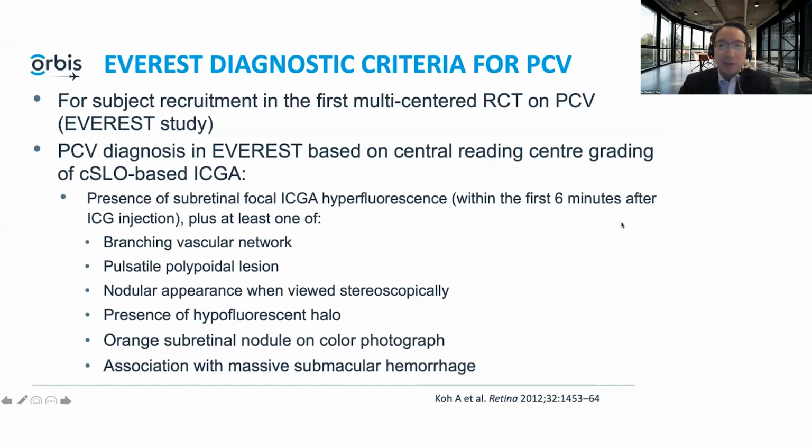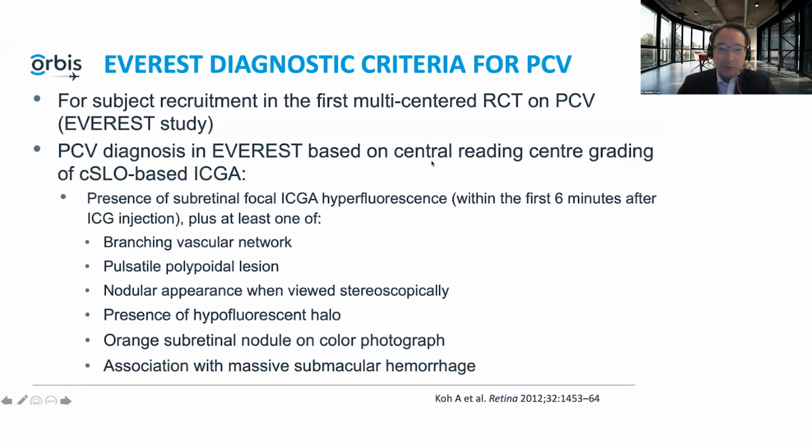So how do we diagnose PCV? We usually use one of the criteria, and the most commonly used is the EVEREST diagnostic criteria, which is from the first multicenter randomized controlled trial for the treatment of PCV. This is based on the central reading center grading of confocal scanning laser ophthalmoscope-based ICG angiography.